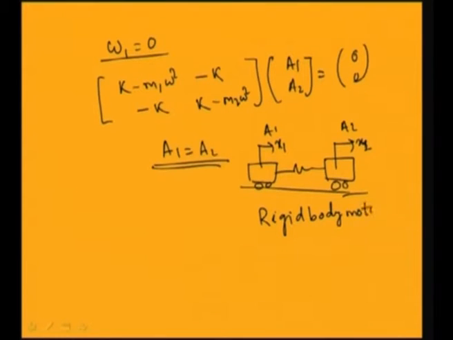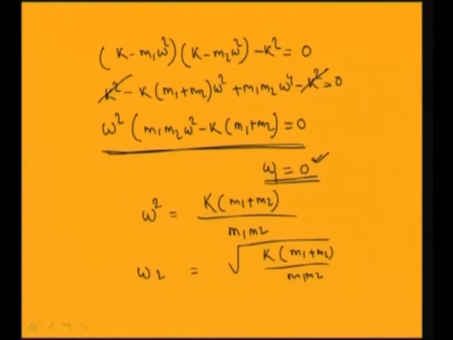So the body will have a rigid body motion in this case of degenerate system, and in the second case it will have a frequency. So you can find in case of second mode, this a1 by a2, if you substitute this value of omega 2, that is omega square equal to k into m1 plus m2 by m1 m2.